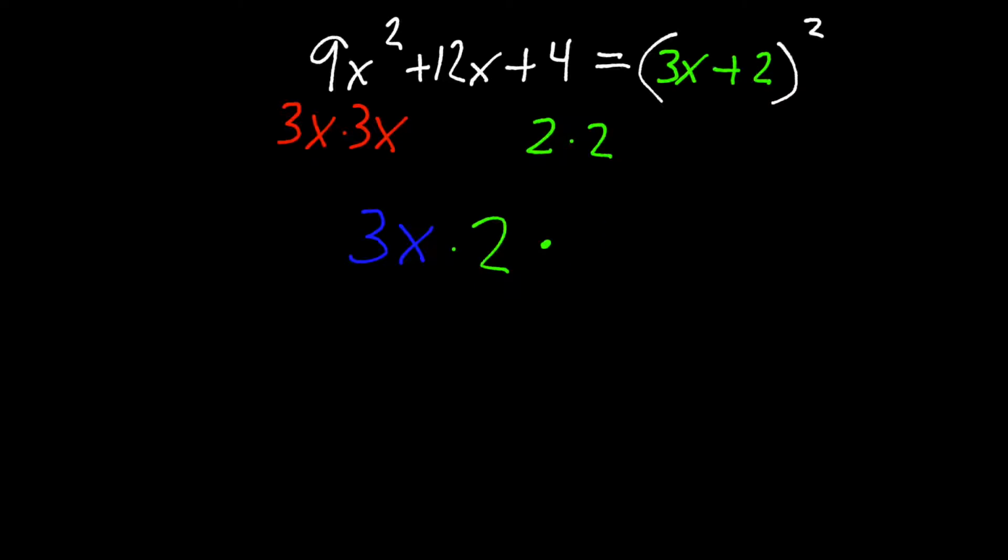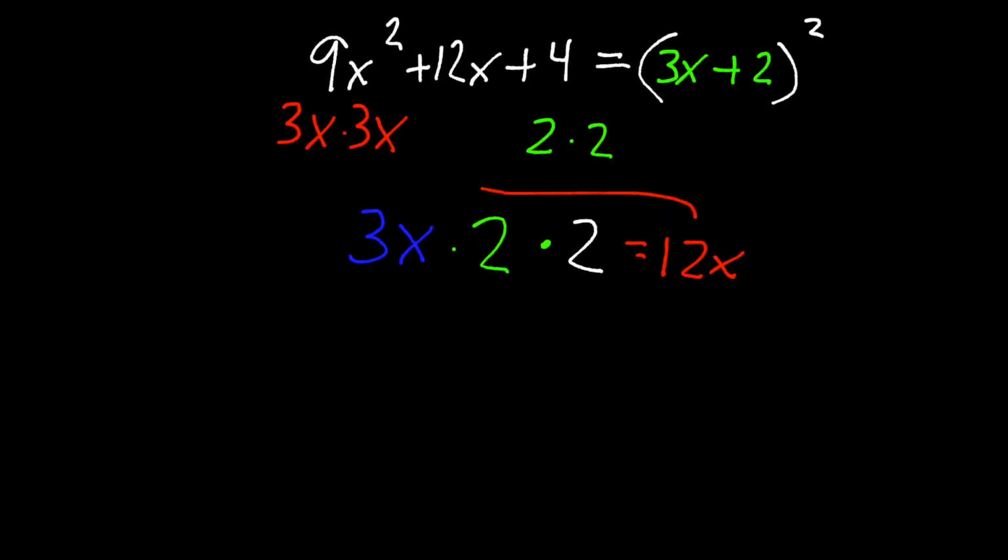Now, let me write that in a different color. The doubling is not because of this second 2. If this was 5 and 5, it would be 5 times 2. It's always doubled. So don't get confused and think that I took this second 2 down here. So what is 3x times 2 times 2? Well, that is 6x times 2, which is 12x.